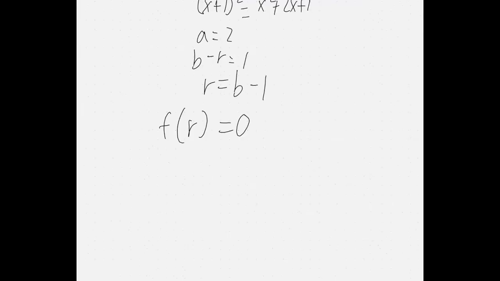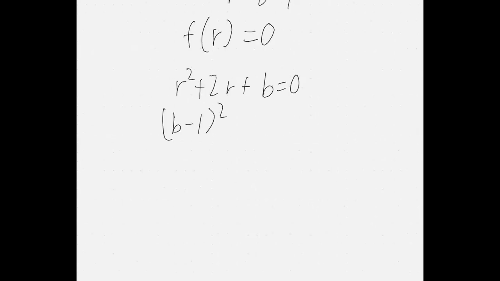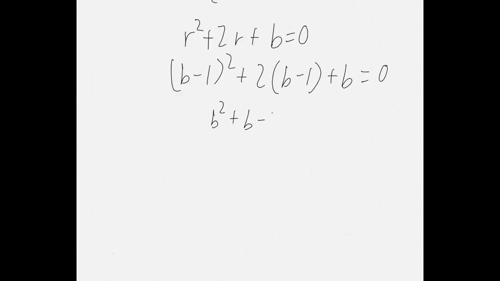So we get r squared plus 2r plus b equals 0. If you substitute the r's for the b's, you get a quadratic for b. And from the quadratic formula, the roots are -1 plus minus root 5 over 2. And so this is what you get when you do r.